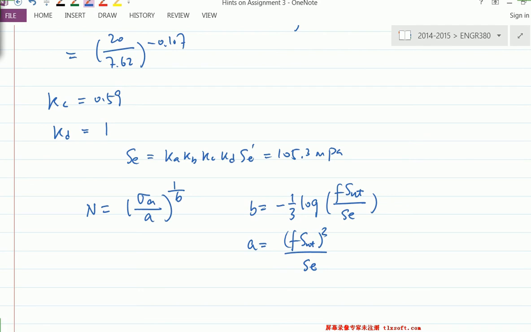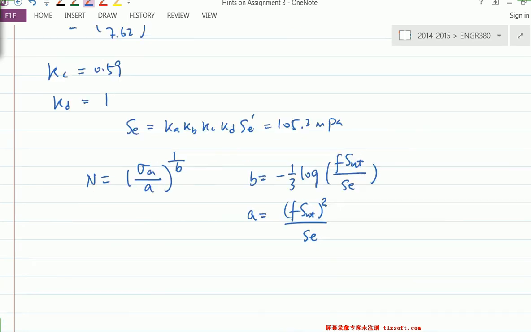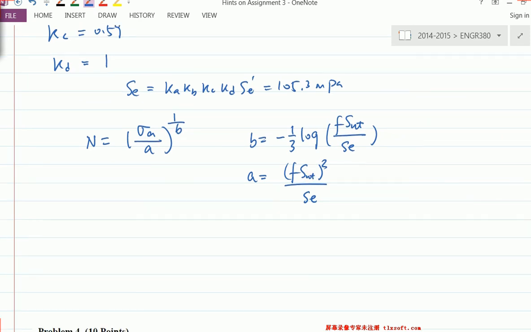Okay. However, this formula is for bending, completely reversed bending stress situation. But the question here is torsional loading. So we need to modify that formula slightly, so basically sigma A should be replaced with tau A.